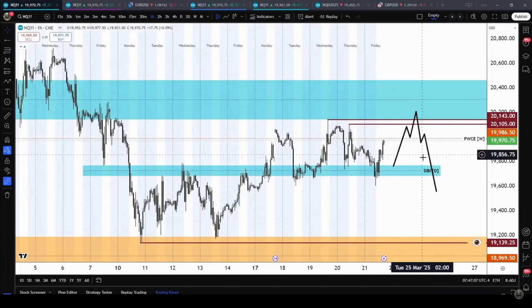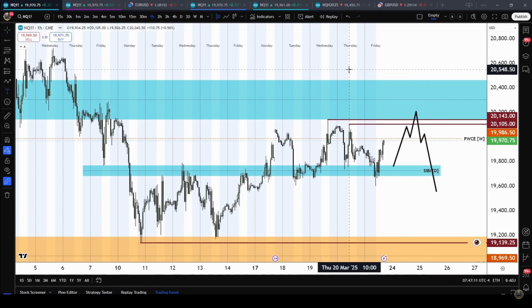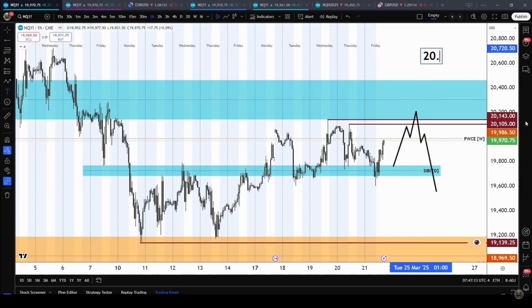First target for the week is 20,147. I'll write it down here so you can keep me accountable for it. That's the buy side target.